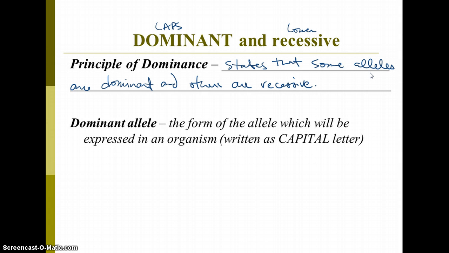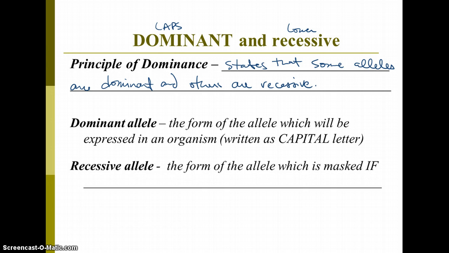A dominant allele is the form of the allele which will be expressed, and the recessive one is the one that will be masked or hidden if, I want you to write this too, if any dominant alleles are present for that gene. And remember, recessive are written in lowercase.